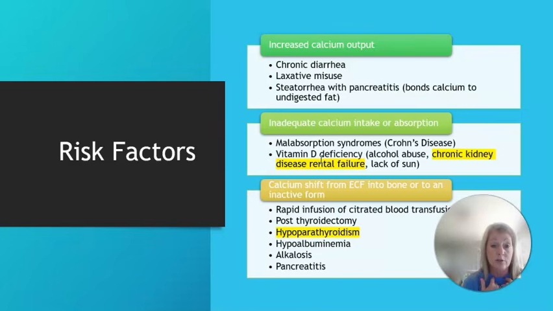Those parathyroid glands regulate your calcium level. If they aren't working and they're not keeping your calcium level where it needs to be, you're going to get hypoparathyroidism, because they're not producing enough of that hormone. So that would be some of the reasons why you might get a low calcium level.